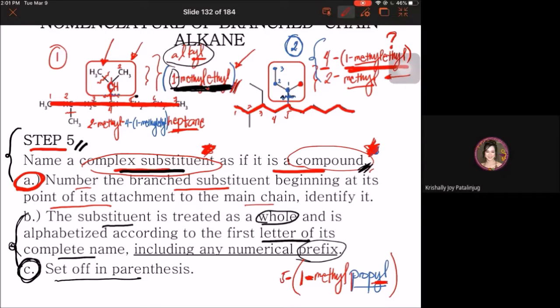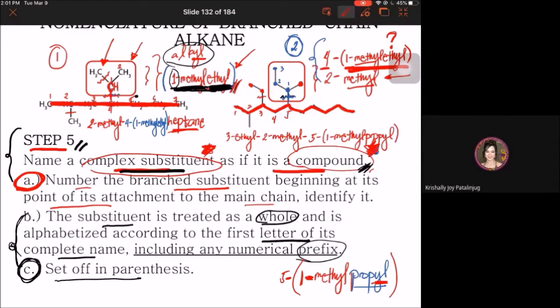So, when we name the whole molecule, una yung ethyl, which is present sa carbon 3. This is ethyl. No? 2-carbon alkyl group. 3-ethyl, susulat ko ha, 3-ethyl. Next, you have 2-methyl una yung methyl kaysa sa 5,1-methyl propyl.